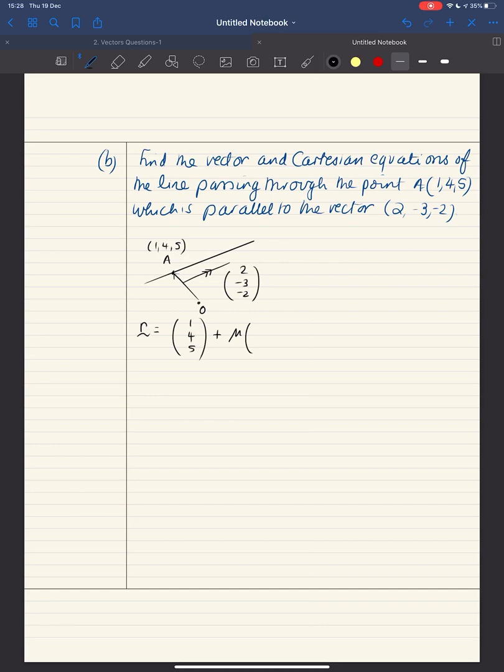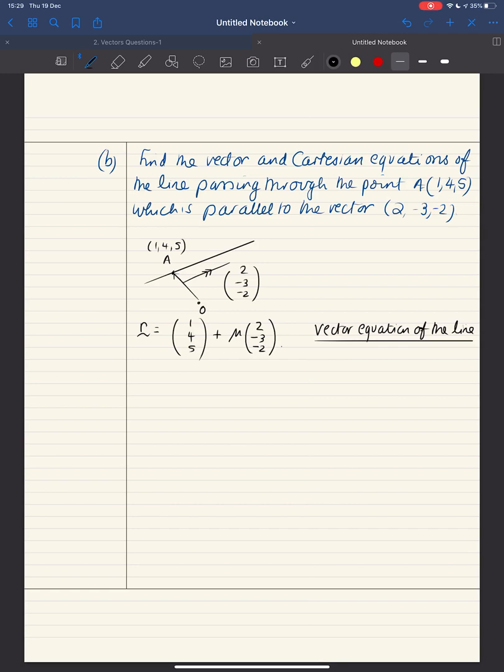Now we haven't been told 2 points, we've just been told the direction vector itself, so it's 2, minus 3, minus 2. So again, that's the vector equation of the line. We just don't have to do the B take away A like we did in the previous question.